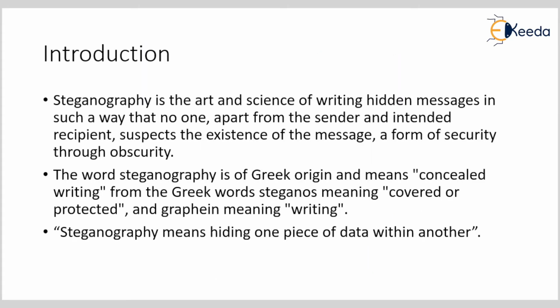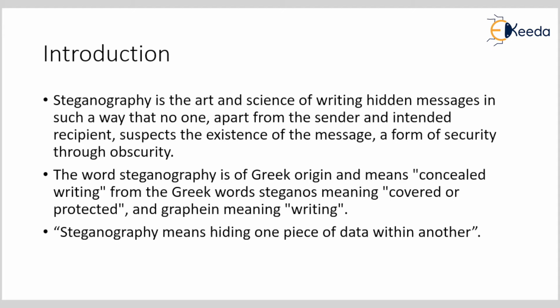Now, as you can see, the definition of steganography says that it is the art and science of writing hidden messages in such a way that no one apart from the sender and the intended recipient suspects the existence of a message, a form of security through obscurity.